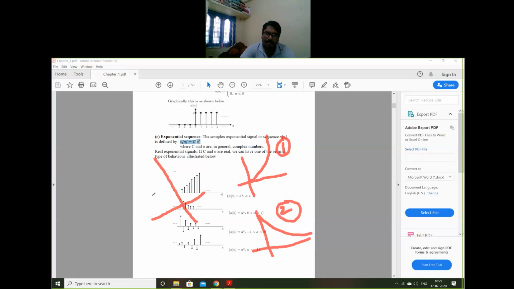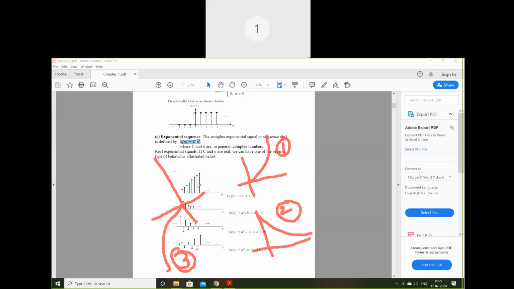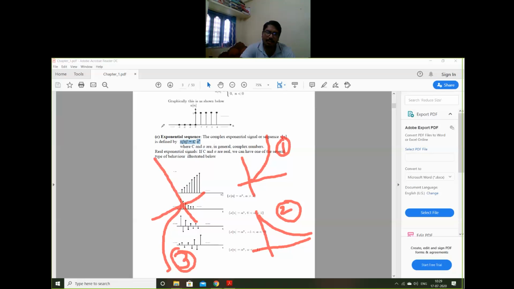Can you reply? This one, figure 2, is it exponential or not?